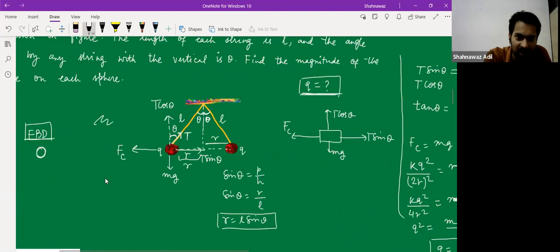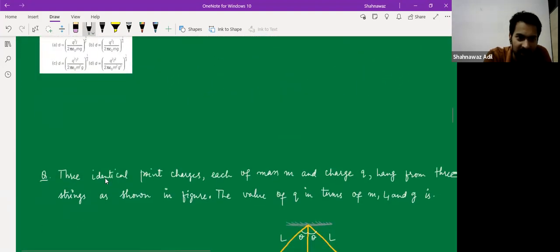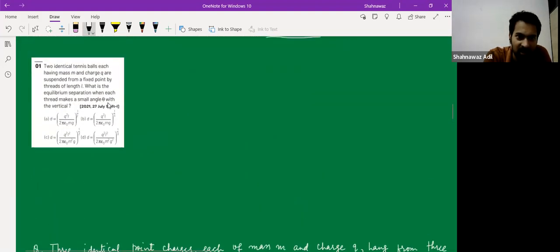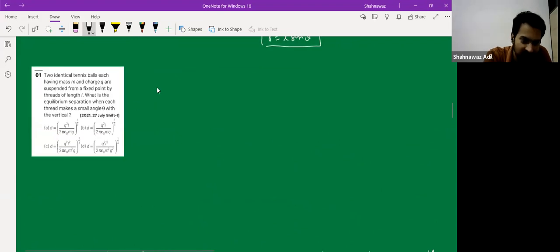So let us move on to the next question. It is a similar kind of question, but in this question, they have asked what is the equilibrium separation when each thread makes a small angle theta with the vertical.